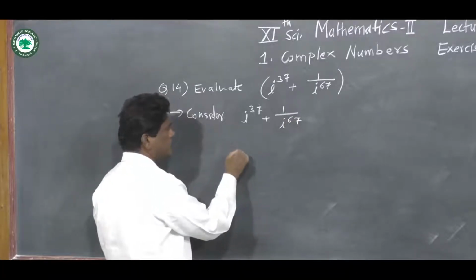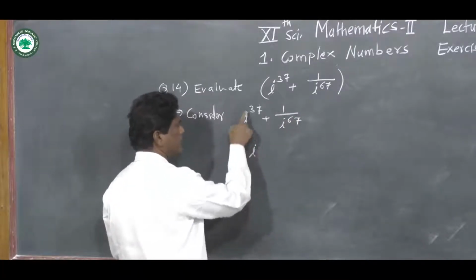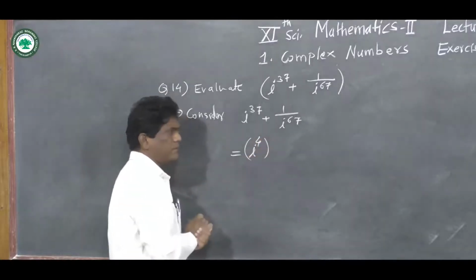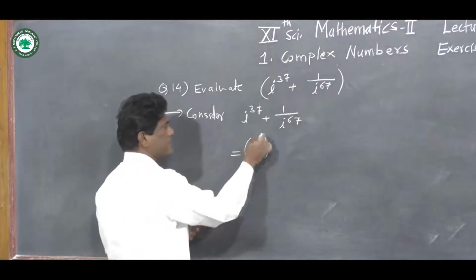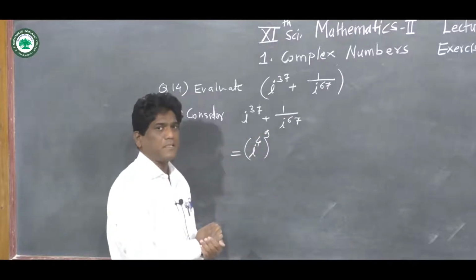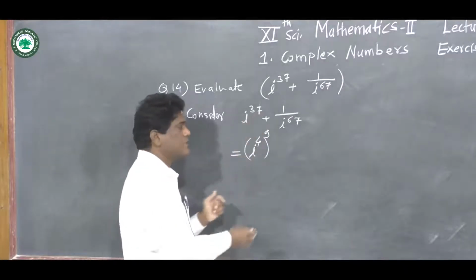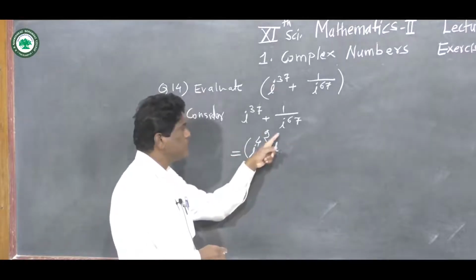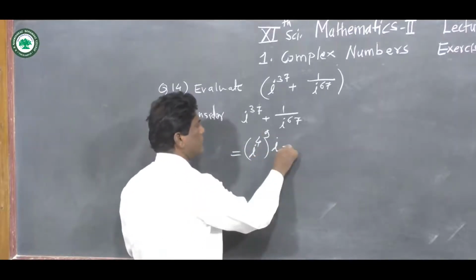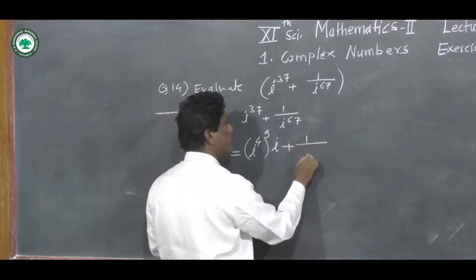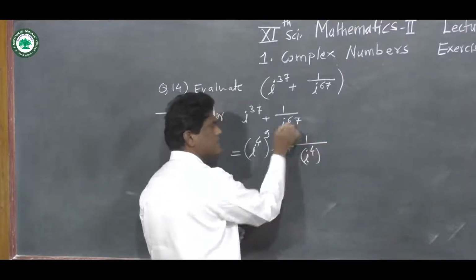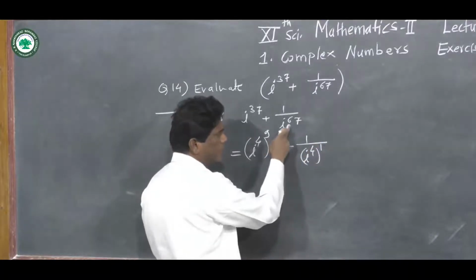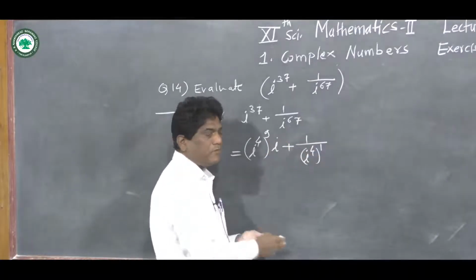So this is equal to I to the power, we write firstly 4, divide by 4. So I to the power 4, 4 9s are 36, and 36 and 1 makes 37. So I to the power 1, there is no need to write the 1. Now plus 1 upon I to the power 4 and divide 67 by 4. 4 1s are 4, 4 and 2, 6 and 7, 27.